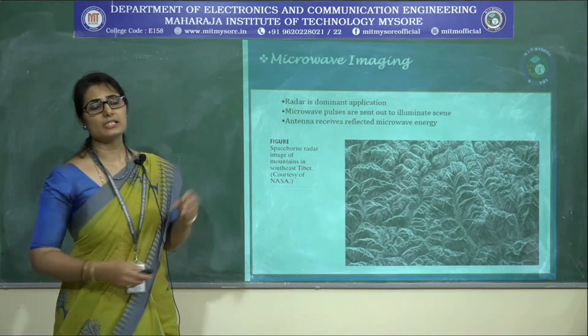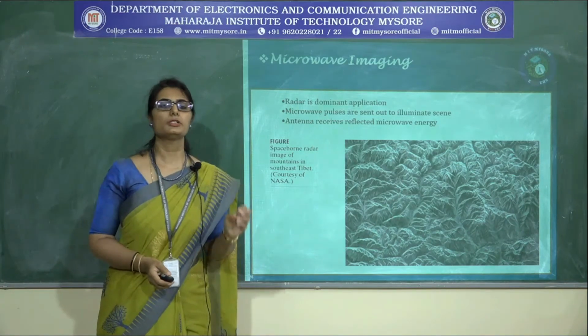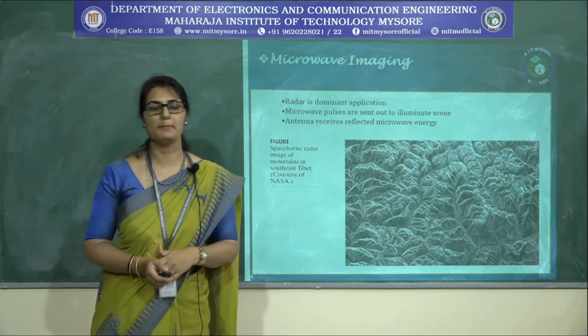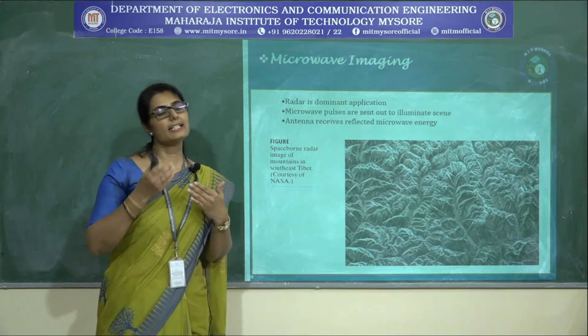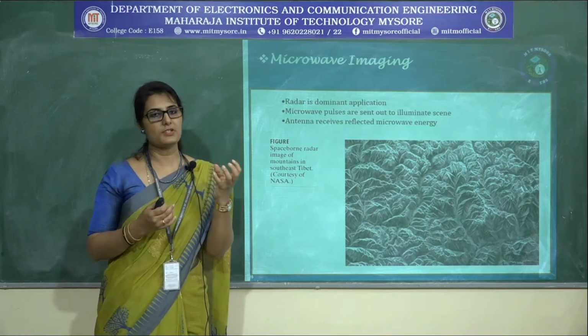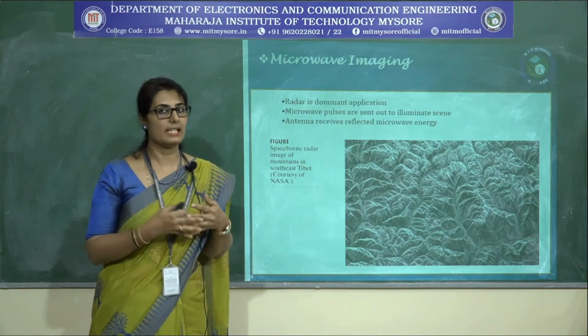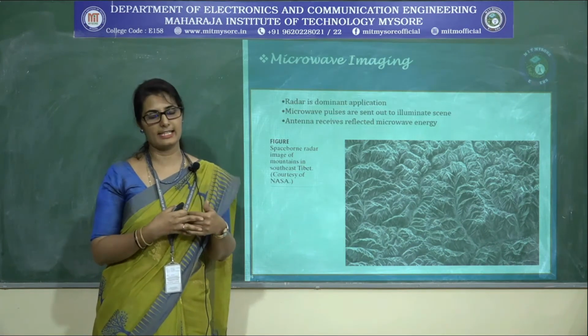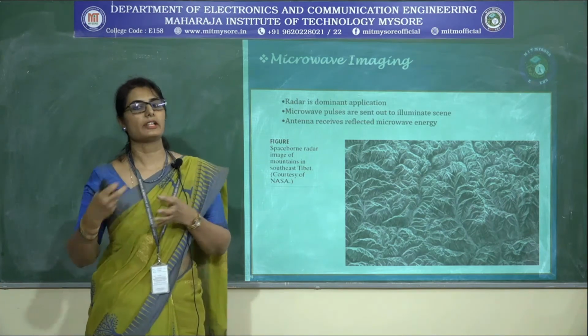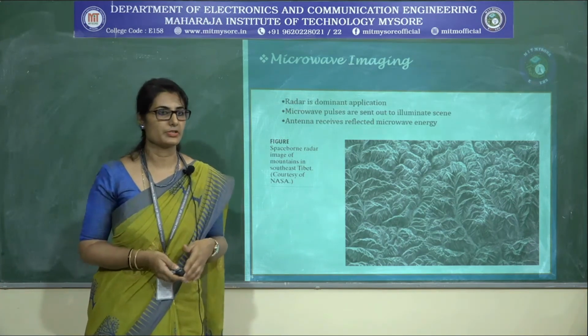These radars use microwave pulses to illuminate the scene, and the reflected waves are captured by antennas, not using camera lenses as in other cases. And these are recorded using digital computers.